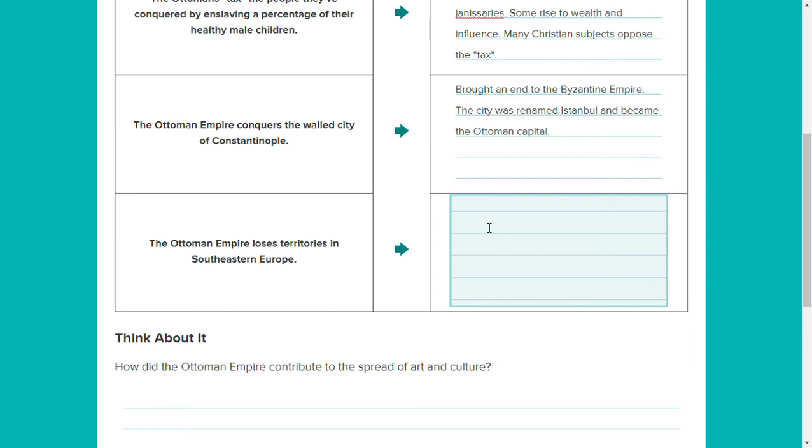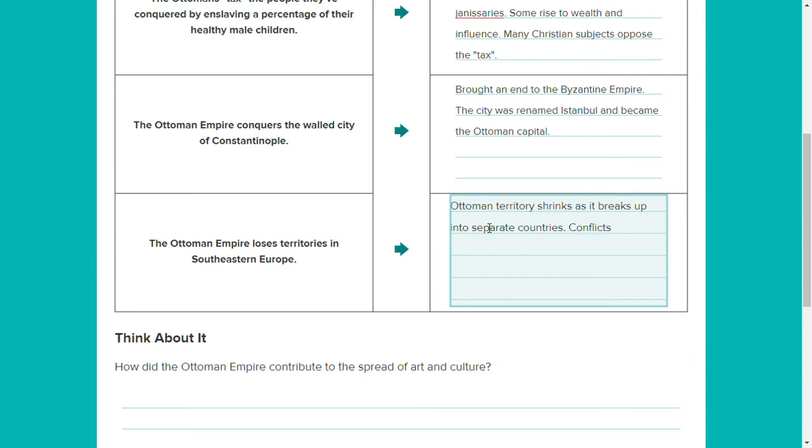Okay, so I'm going to say Ottoman territory shrinks. That means gets smaller as it breaks up into separate countries.